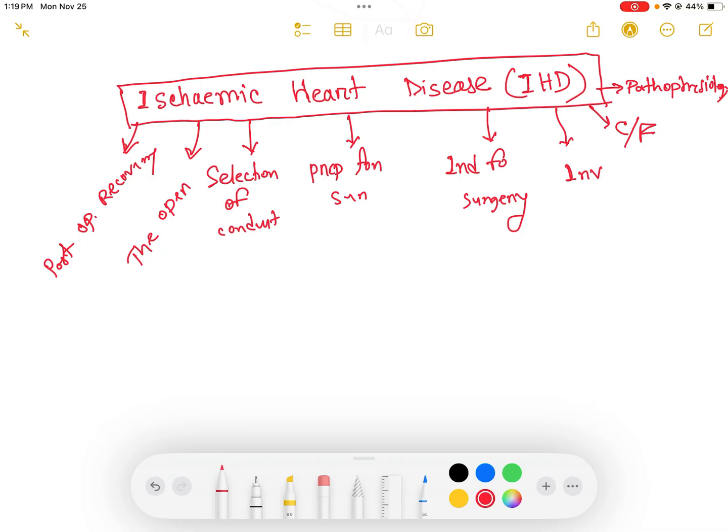And post-operative complications. And surgical outcomes. These are the topics discussed under ischemic heart disease.